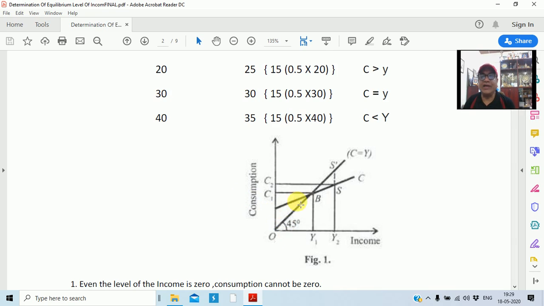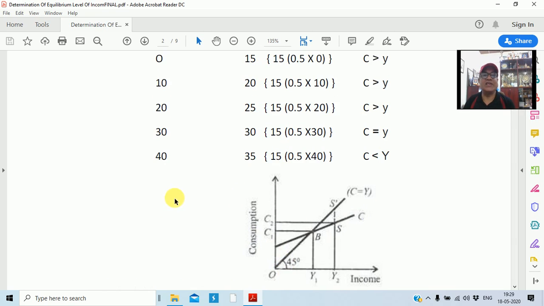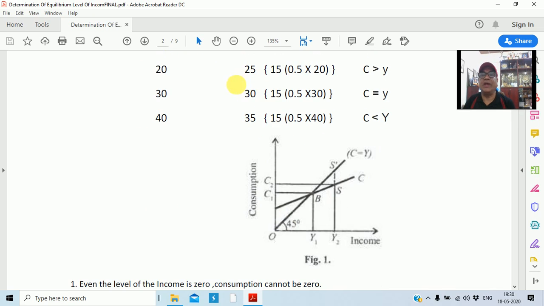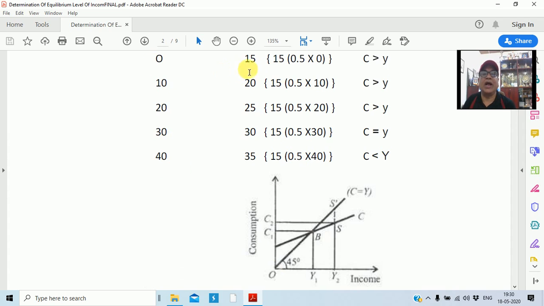Now regarding the consumption curve, what we are saying is, even if income is 0, consumption can't be 0. It means your consumption curve will start from some point on the Y axis where you have taken consumption. If you start the consumption curve from the origin, what does it mean? When income is 0, consumption is 0. But this is not right. When income is 0, consumption can't be 0.